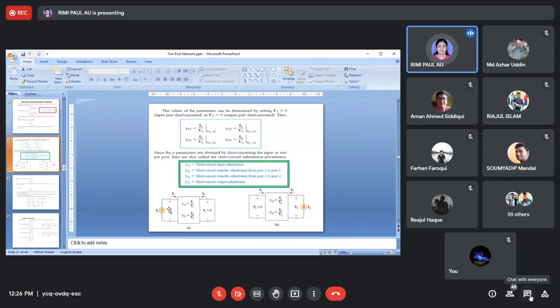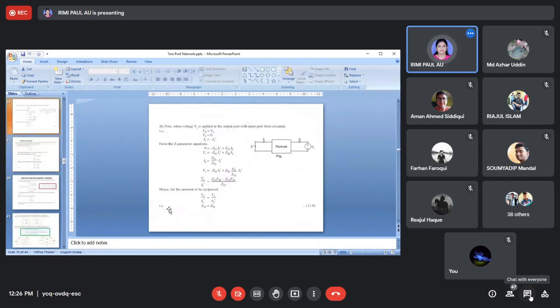So we can find the admittance or Y parameter as well. The Z parameter is known as the open circuit impedance parameter, so the term open circuit is important. And for the Y parameter network, the term is short circuit admittance parameter.